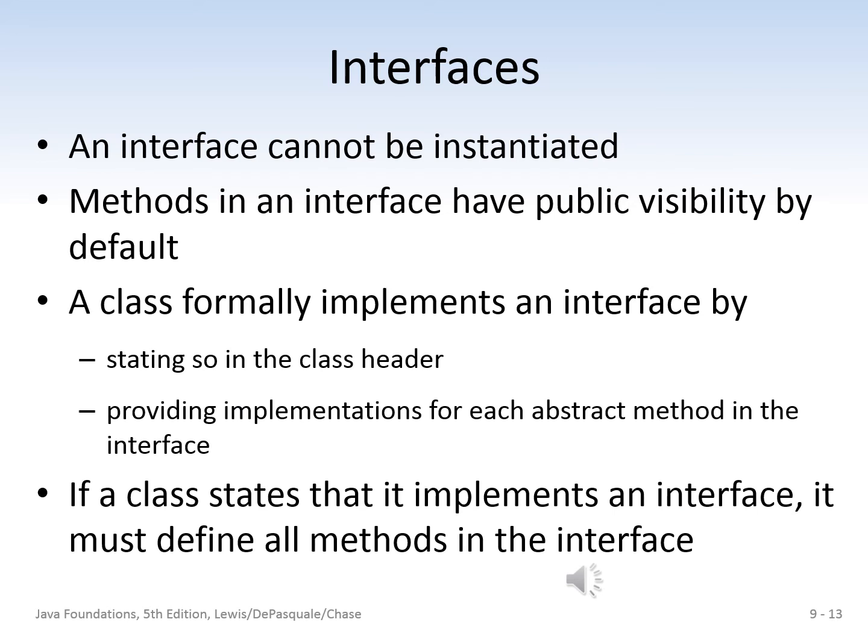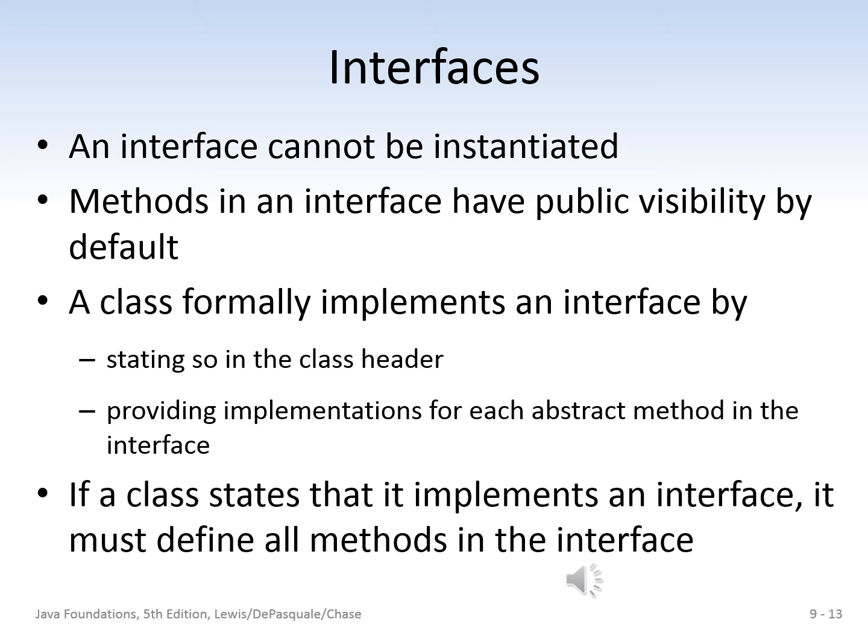An interface does not get instantiated. In fact, it cannot be instantiated. And methods in an interface all have public visibility by default. So there's a class that formally implements an interface by stating so in the class header.